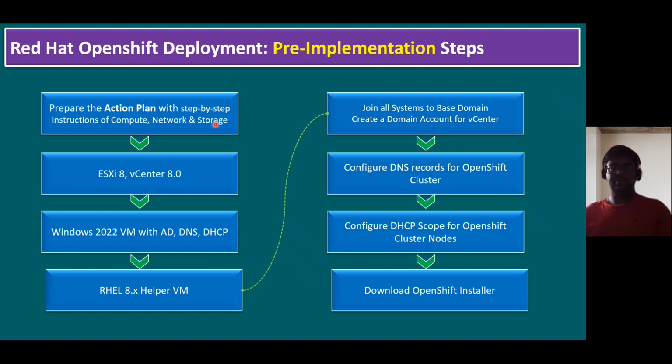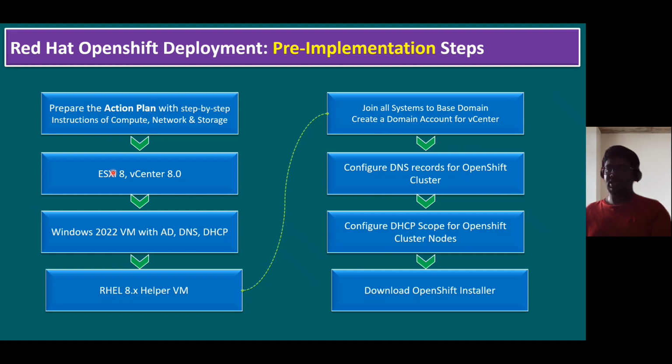Using that project plan, we can prepare the complete high-level action plan for all the OpenShift pre-implementation steps, implementation procedure, and post-implementation steps. But in this session, I'm going to focus on pre-implementation steps. So as part of the action plan, based on your convenience, you can prepare the action plan. For testing purposes, I've given one quick overview in the following slide of how the action plan looks like.